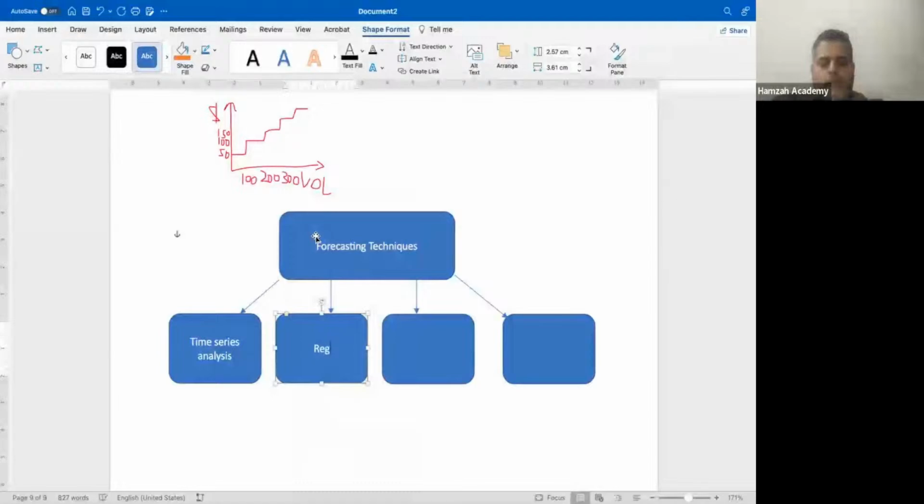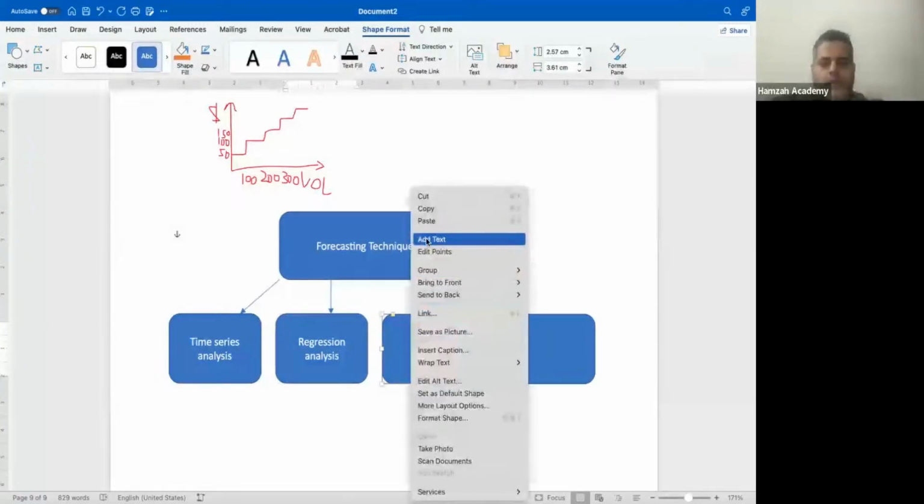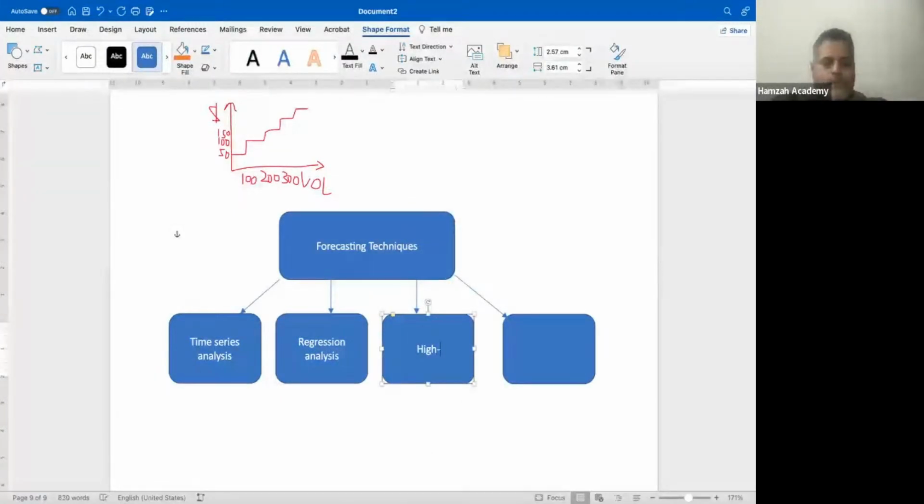We have regression analysis. We have the examiner's favorite high-low method. And then we have index numbers, right?